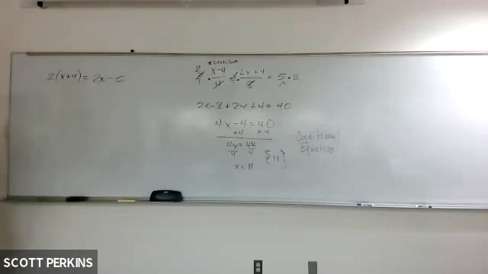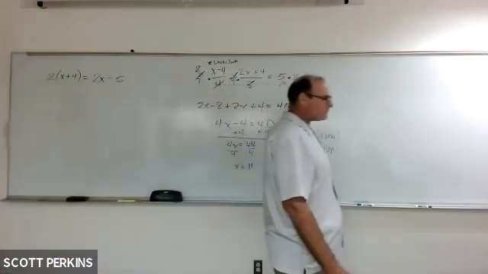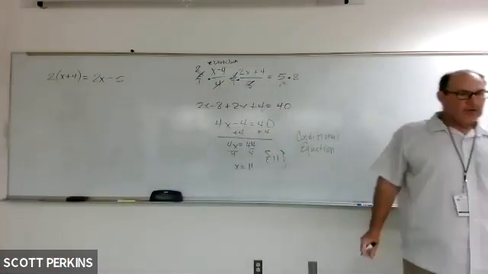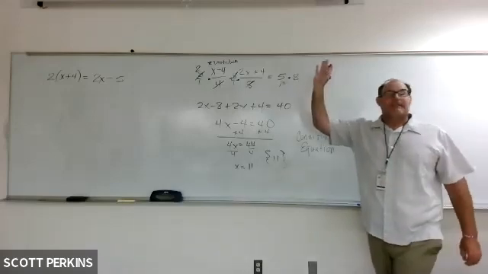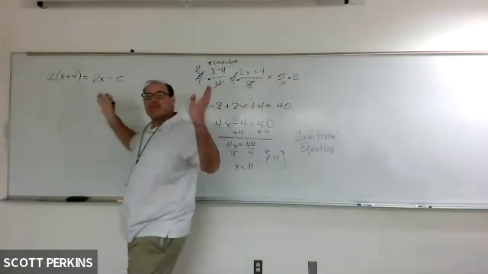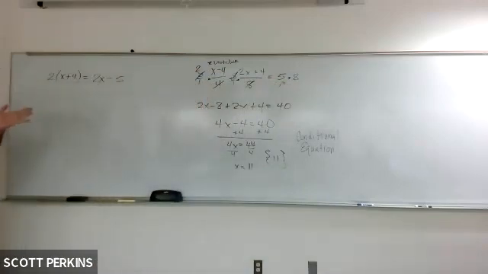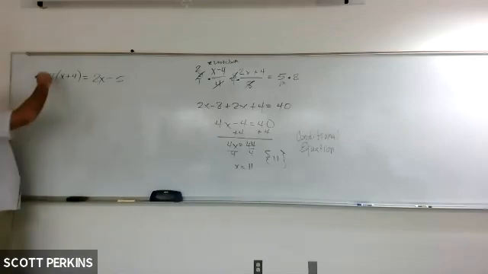I'll give you a moment to write that down. So you're going to encounter something like that on your homework. I know you are. I've seen the homework. And it starts out innocently enough. You've seen equations, so no big deal. I'm going to distribute like we've already done. So sure, 2 times x is 2x. 2 times 4 is plus 8.